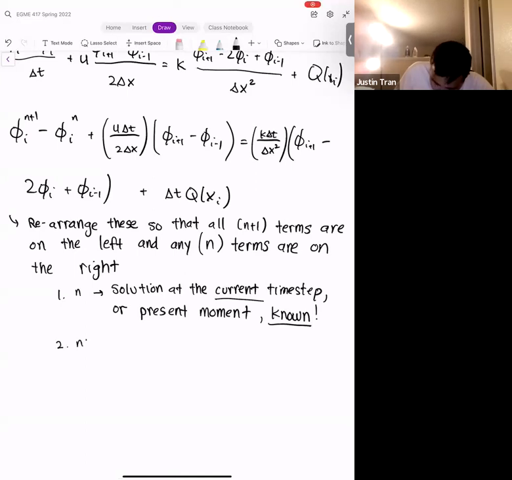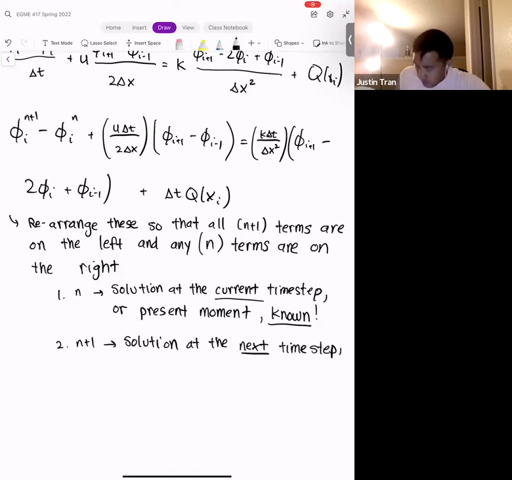Next, we have time step n plus 1. Right. Time step n plus 1 here represents the solution at the next time step. Okay. Or in other words, you could think of this as like one step in the future.